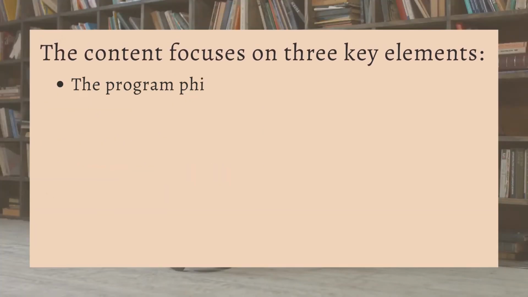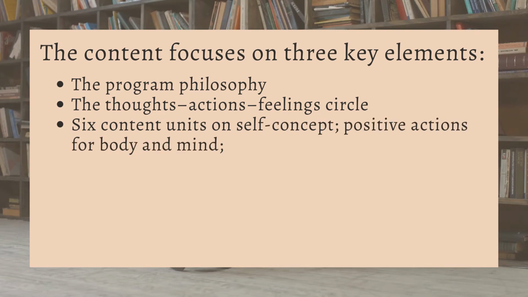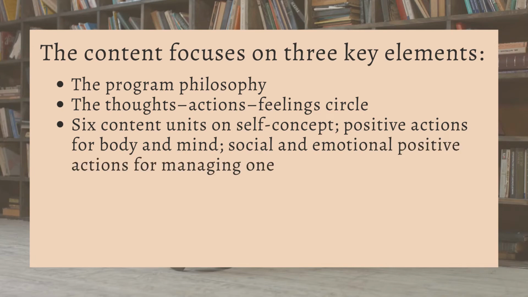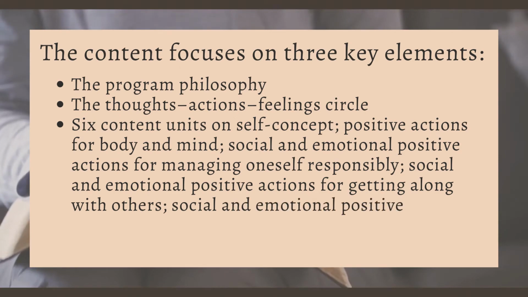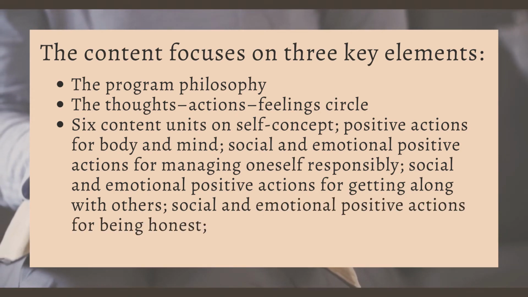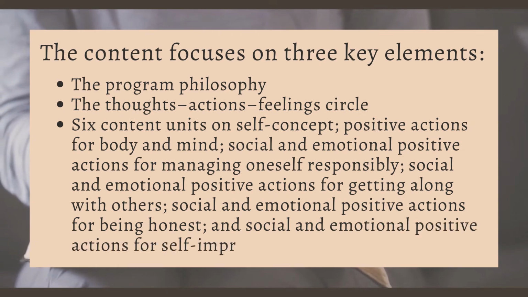The content focuses on three key elements: the program philosophy, the thoughts to actions to feelings circle, and six content units on self concept, positive actions for body and mind, social and emotional positive actions for managing oneself responsibly, social and emotional positive actions for getting along with others, social and emotional positive actions for being honest, and social and emotional positive actions for self improvement.